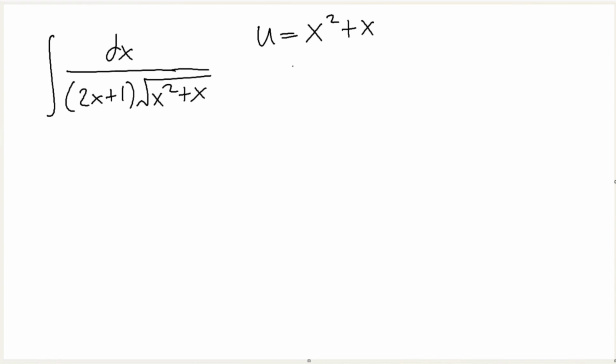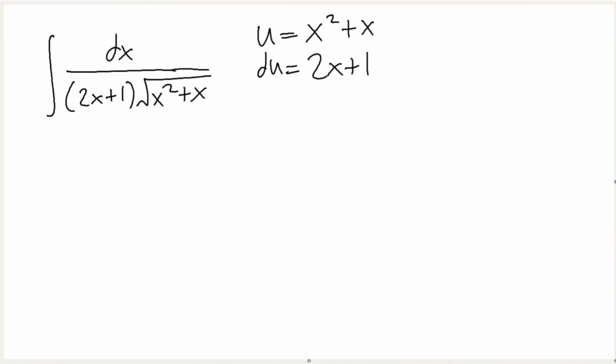Then here we don't have du. So we really need du to be 2x plus 1, right? But we don't have anything here. 2x plus 1 is here, right? But watch this.